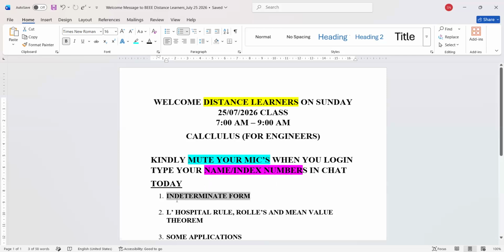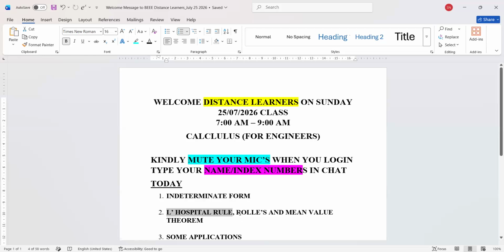In doing that, we will have to revisit the L'Hopital rule. L'Hopital rule talks about differentiating the function after you have substituted the limit value, and the results are giving you indeterminate form. Then we apply L'Hopital rule.